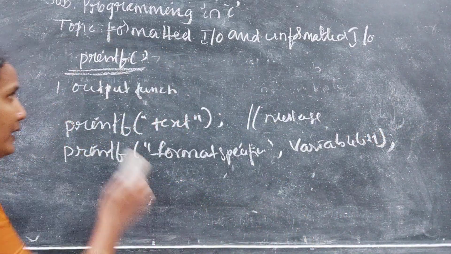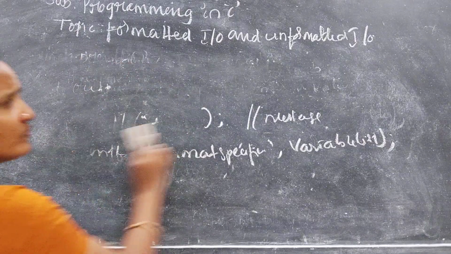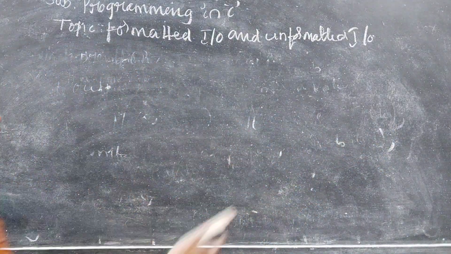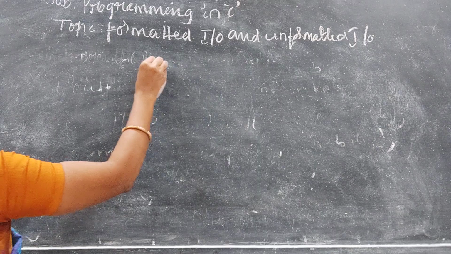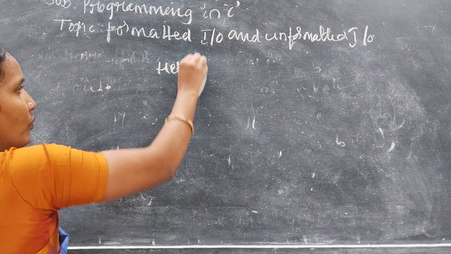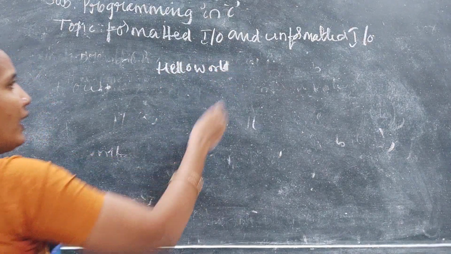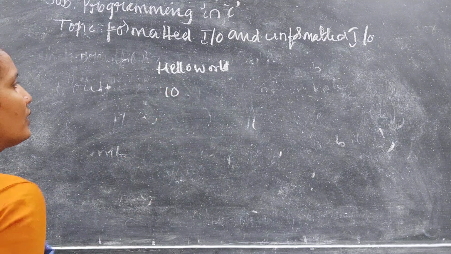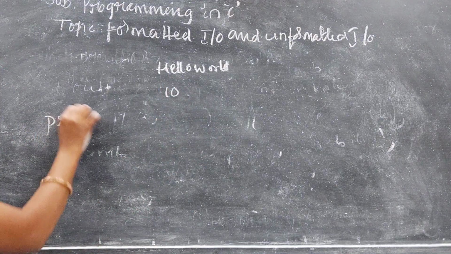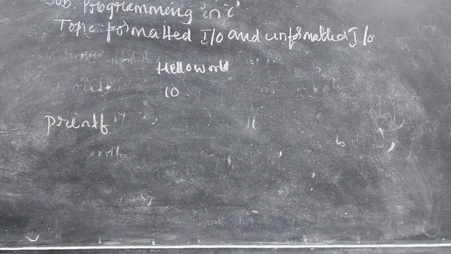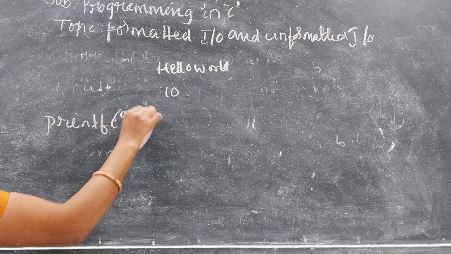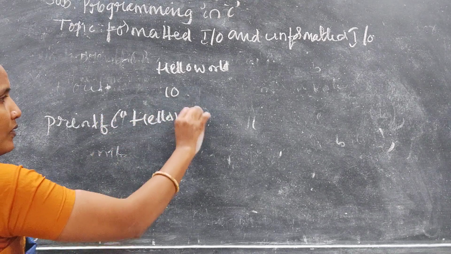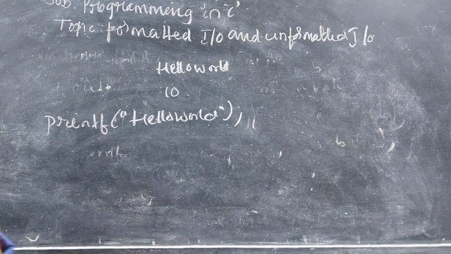Okay, now I'll give you the example. If you are printing only hello world, and you are printing example 10. So printf hello world. It is a message, so I am enclosing it in double quotes.